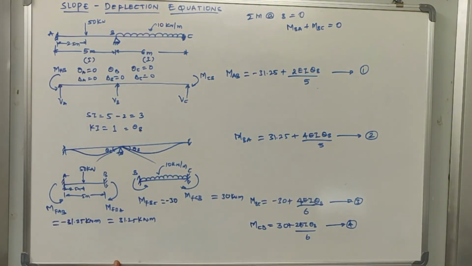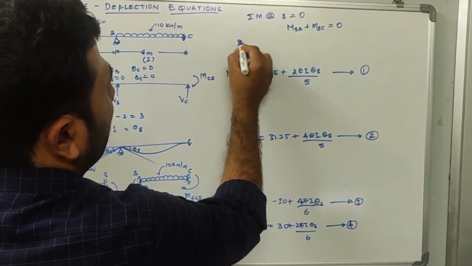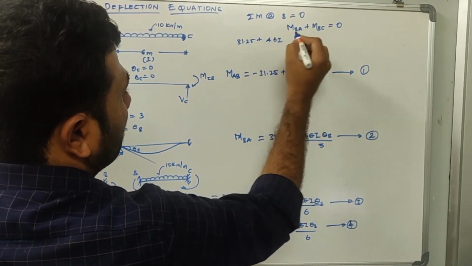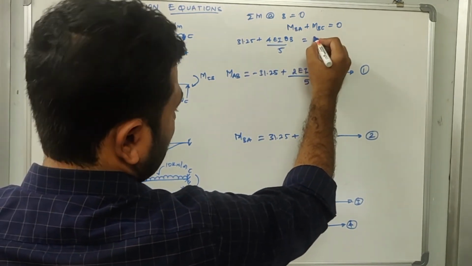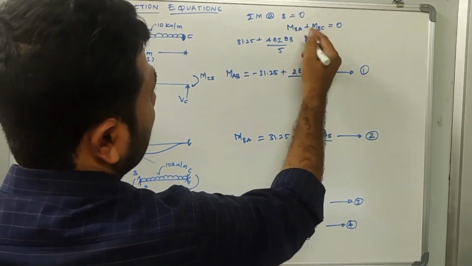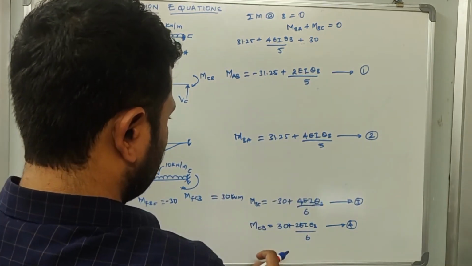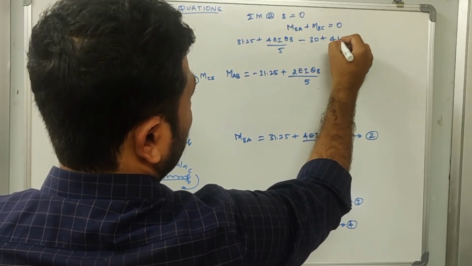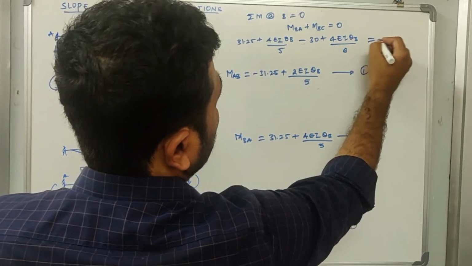Now you equate those two equations. 31.25 plus 4 EI theta B divided by 5, plus, minus 30 plus 4 EI theta B divided by 6, should be equal to 0.